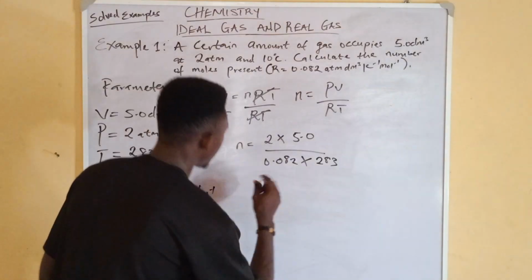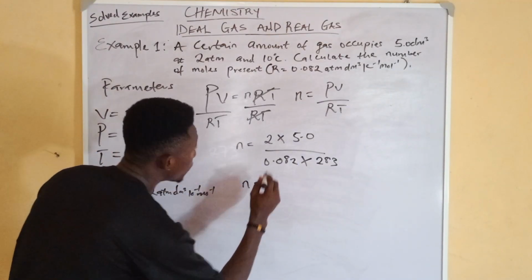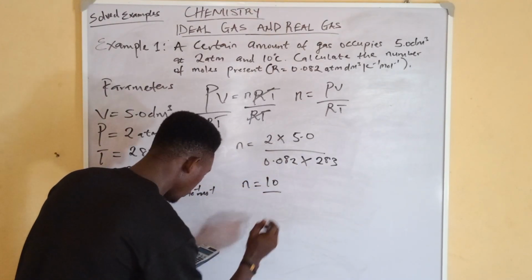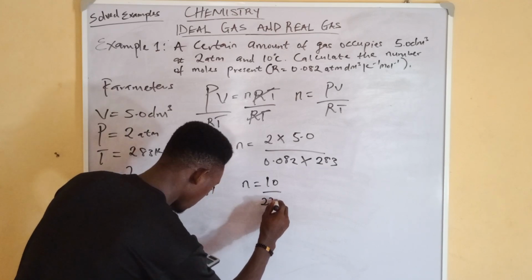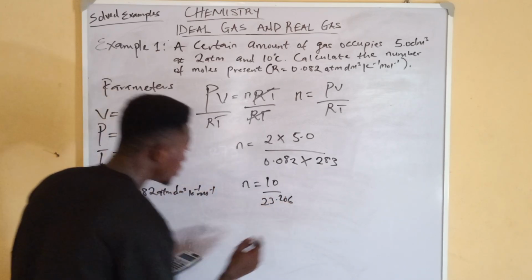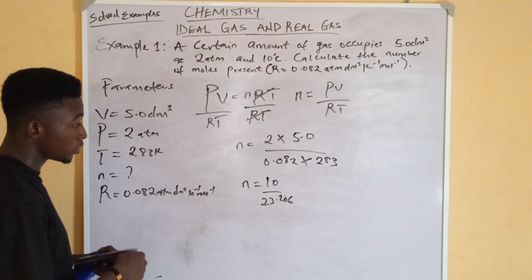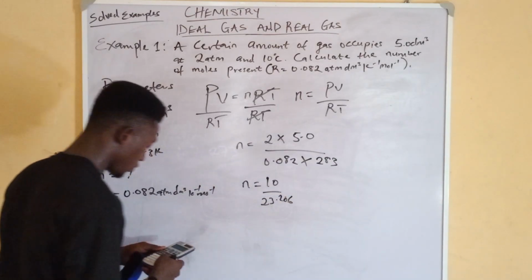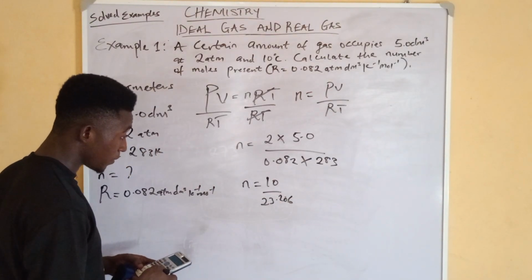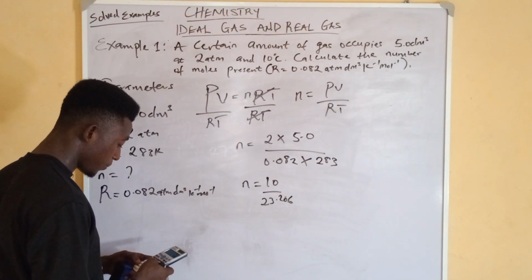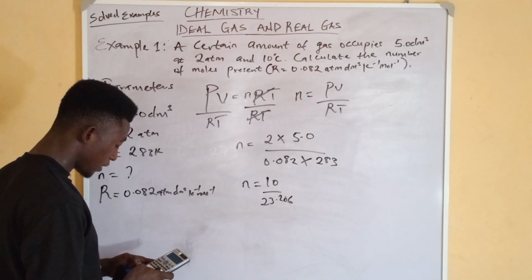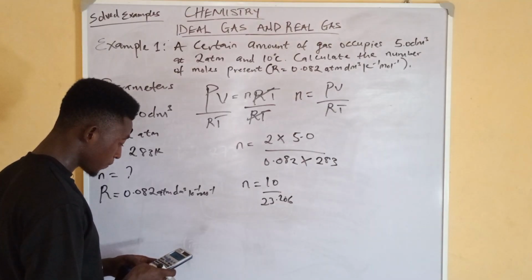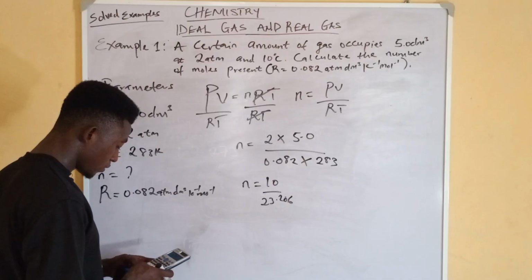So we have n equals 10 over 23.206. Let's confirm: 10 divided by 23.206.